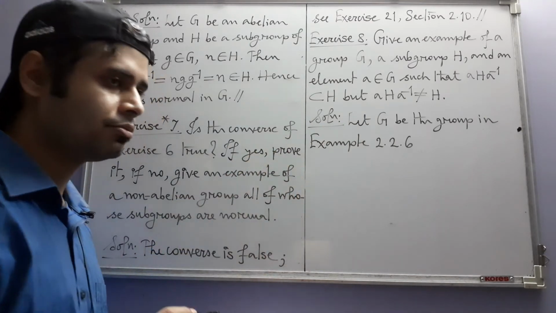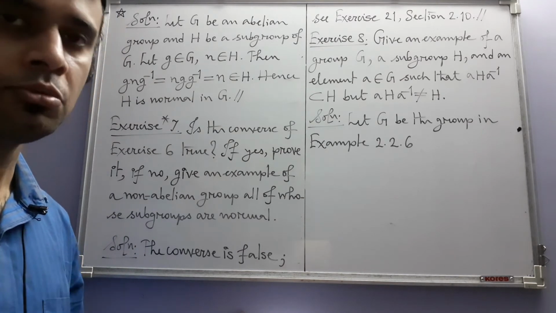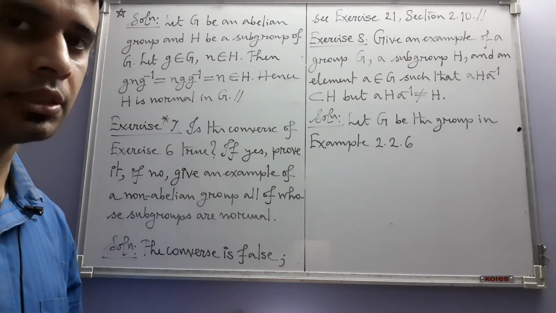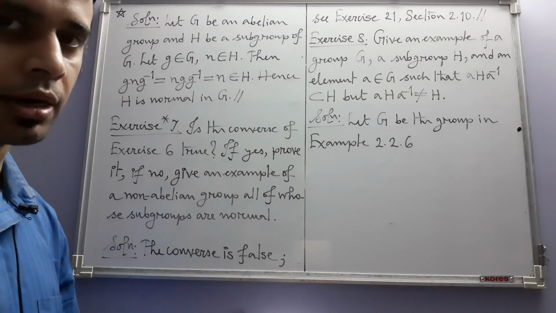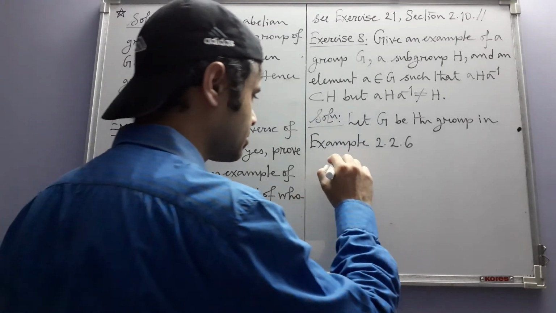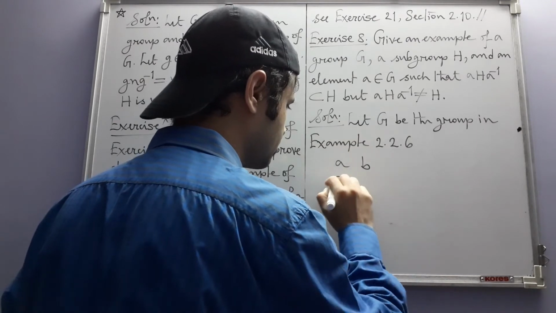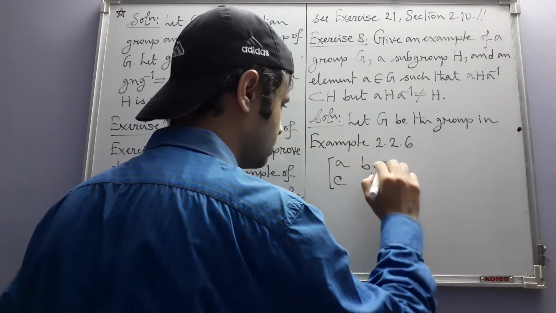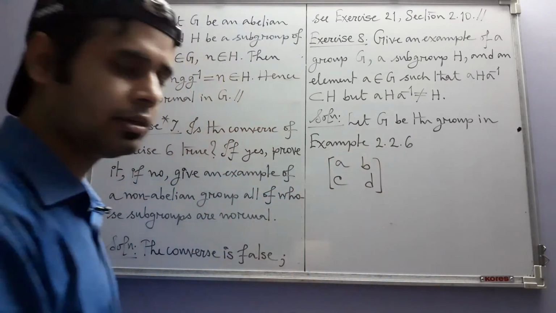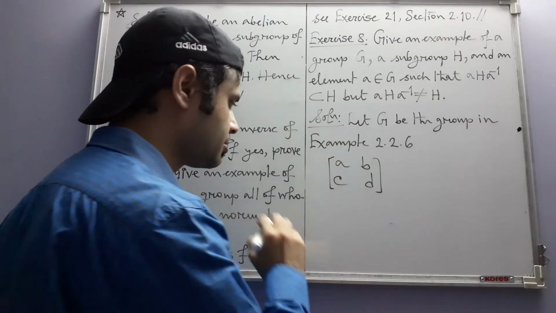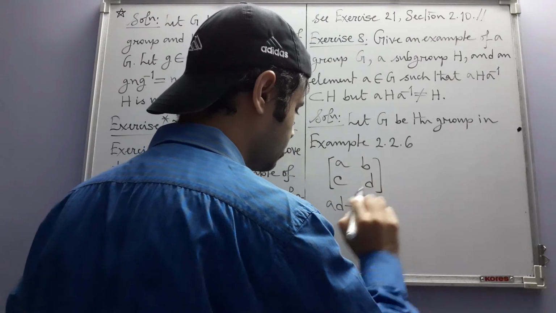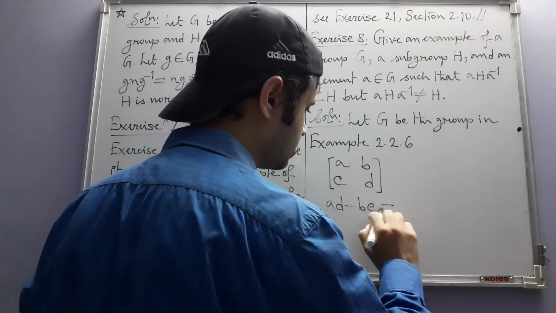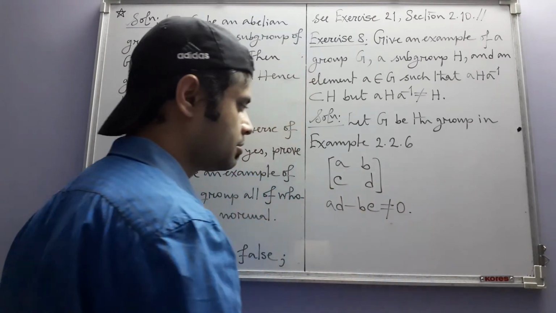In this example, we saw 2 by 2 matrices with real entries which are non-singular, that is matrices of this form where a, b, c and d are real numbers, and non-singularity means this quantity, which we also know as the determinant of the matrix, is not equal to 0.